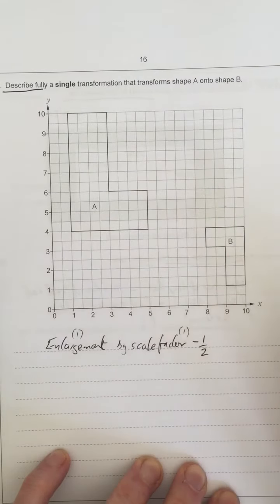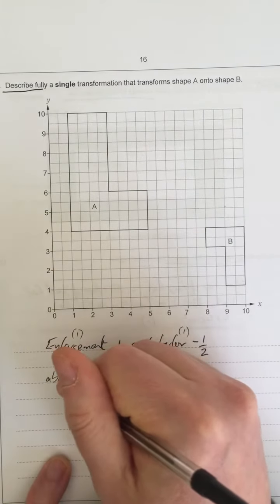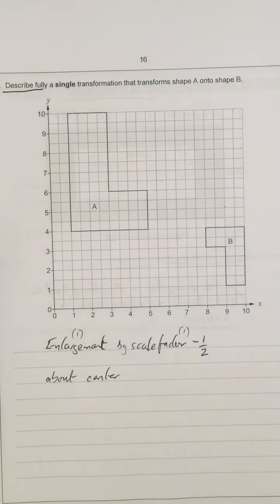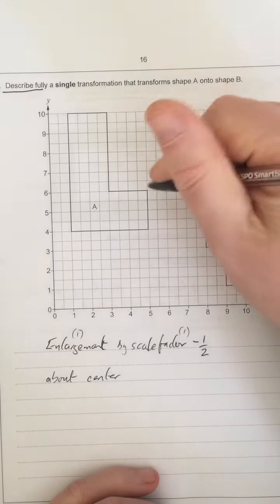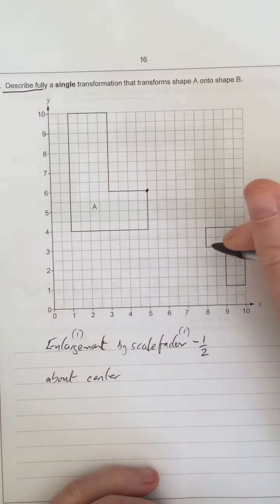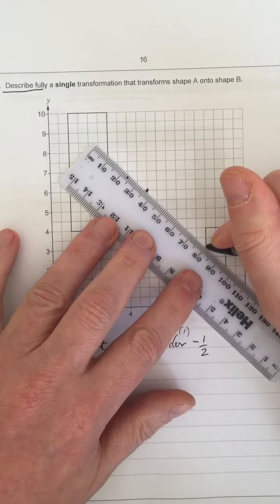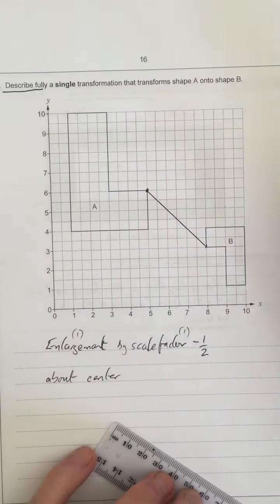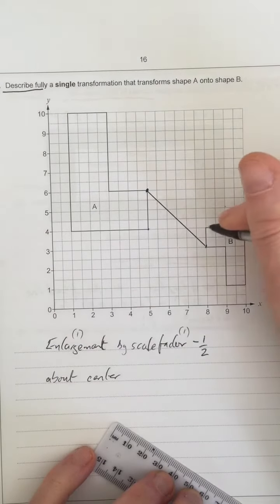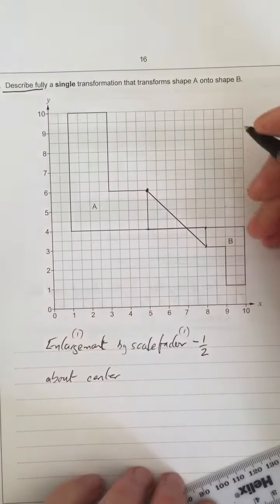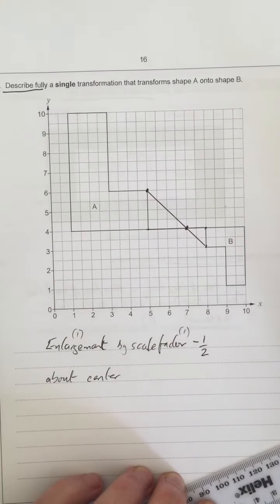The final thing we need is the centre of the enlargement. Now, to find this, what we do is we draw lines from the corresponding corners of each shape. So if I start with this corner, for example, that would match up to this corner here on shape B. If I join that up, and then do similarly for this corner, which would correspond with here on shape B, where those lines cross, here is your centre of enlargement.